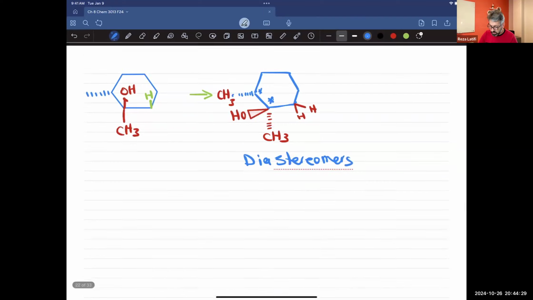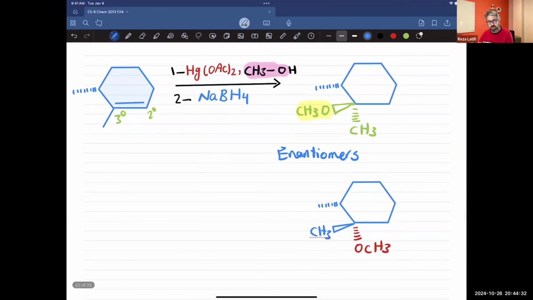And so how about this one? Yes, the configuration here, let's check. This is going to be 1, 2, 3. If I look from that side of the molecule, and we have a hydrogen pointing down, so it's going to be 1, 2, 3.